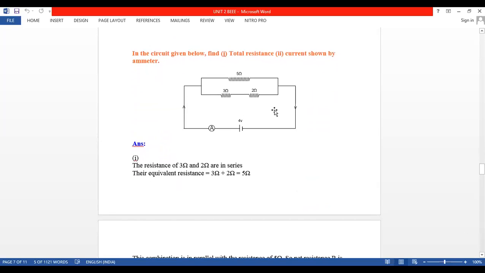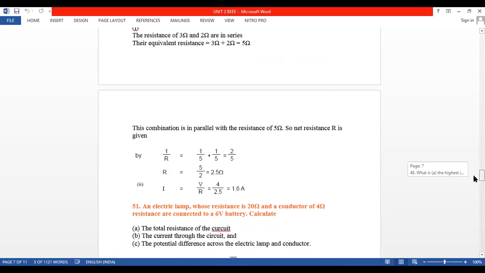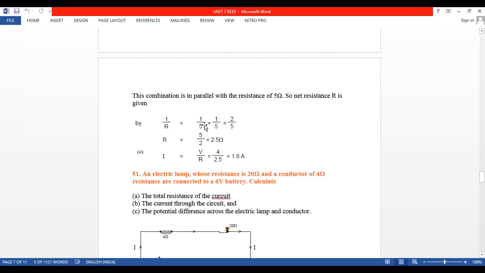Now you tell me, all of you, the battery is 4. This is the ammeter. Now tell me what we have to do. 3 and 2, how are they connected? Series connection. So here 3 plus 2 will come to 5. How are 5 and 5 connected? Parallel. So 1 by R equivalent is equal to 1 by 5 plus 1 by 5 equal to 2 by 5.